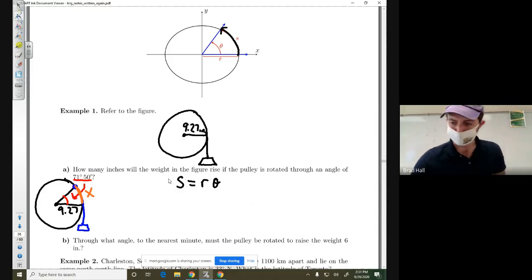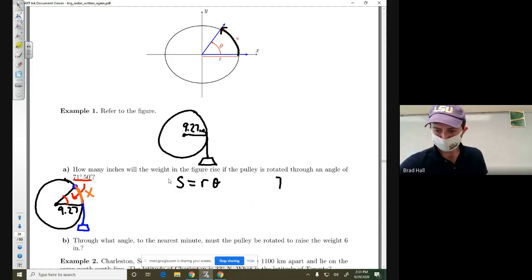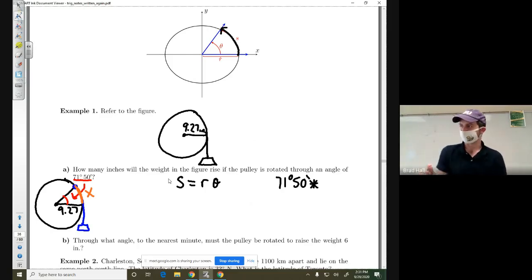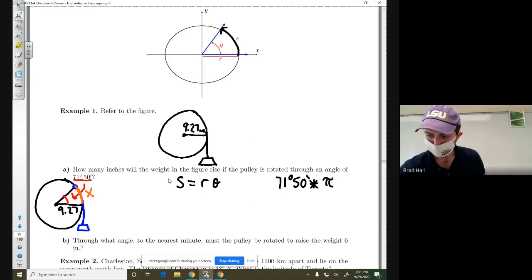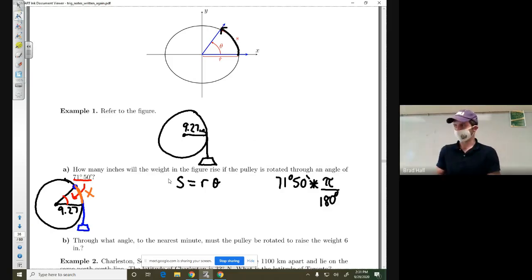So off to the side, 71 degrees, 50 minutes has to be converted to radians. Hopefully you remember how to do that. It's pi divided by 180 degrees. You're probably wondering, do I need to keep an exact answer?